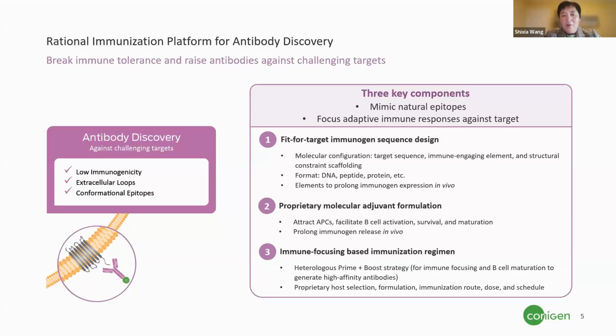The third component is called immunofocusing. The immunofocusing immunization regimen design is basically to focus on the target, not other proteins, to generate antibody against the target specifically and with high quality.